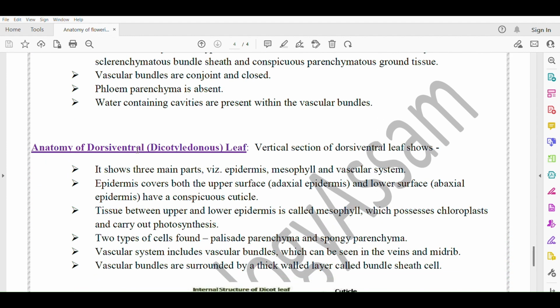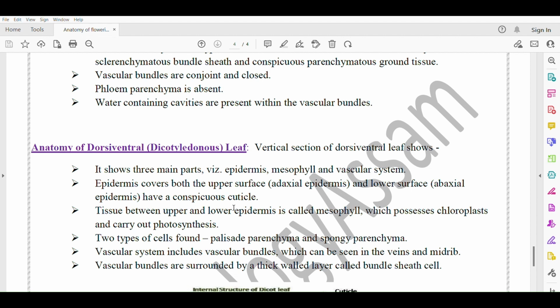Anatomy of dorsiventral leaf. Vertical section of dorsiventral leaf shows 3 main parts: epidermis, mesophyll and vascular system. Epidermis covers both the upper surface, that is adaxial epidermis, and the lower surface, that is abaxial epidermis, and has a conspicuous cuticle.